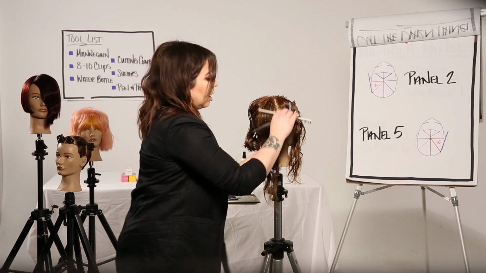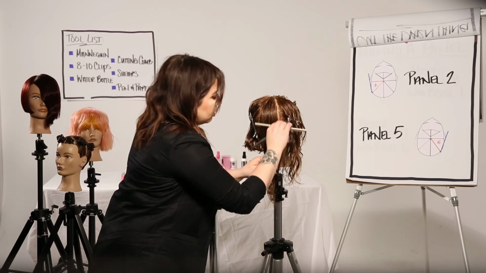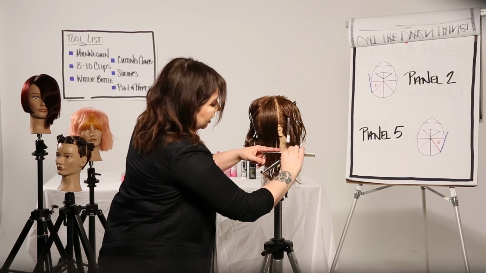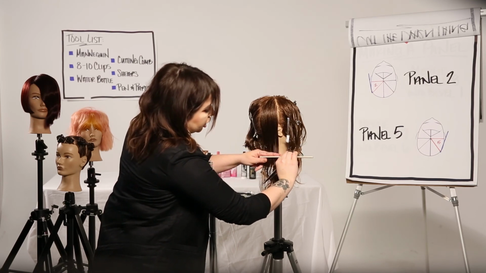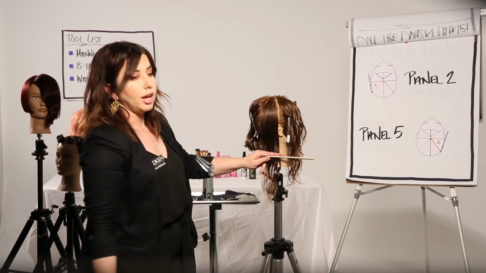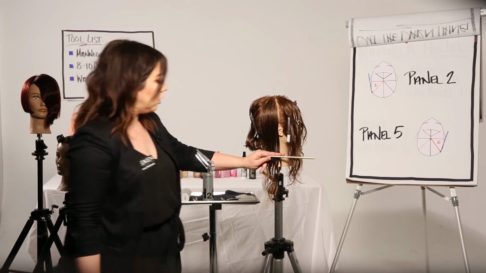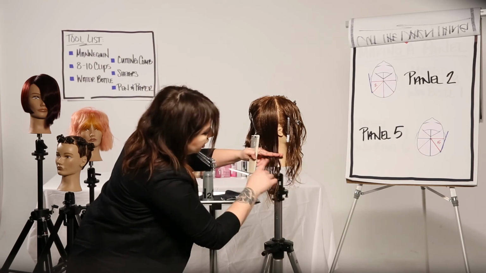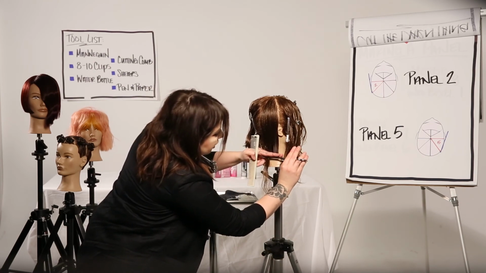And again, I'm just going to come through with my fine tooth, flip it around to my wide tooth. What am I checking for? Finger angle. Am I horizontal? Beautiful. And then next, I'm looking for my finger position. Here's my guide, and I'm just going to come in and release the hair.